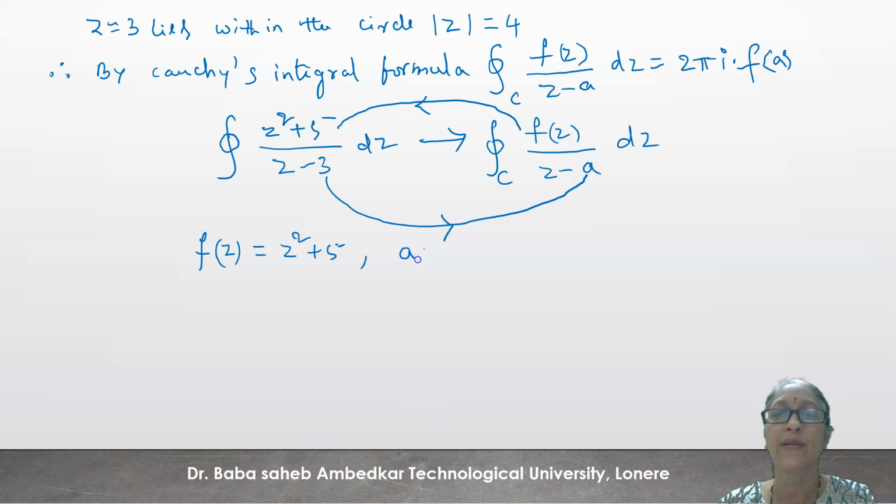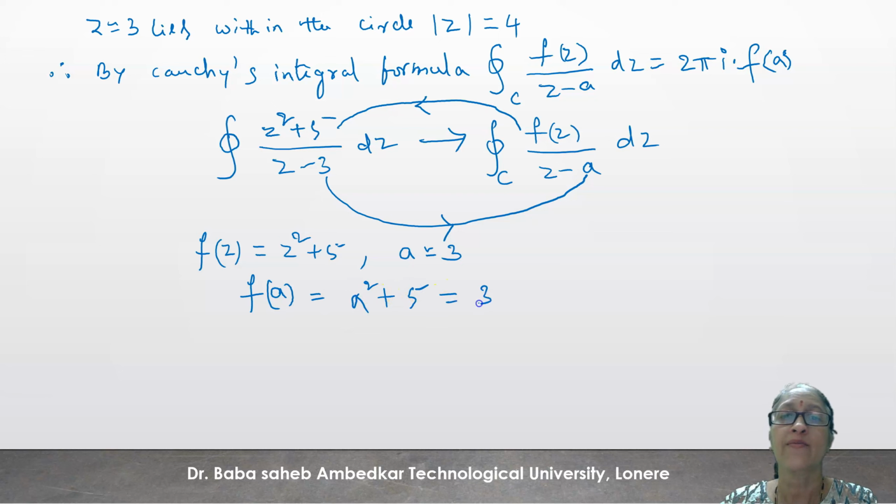If a equal to 3, then f(a) equals, if you replace z by 3, 3 square plus 5, because f(a) is nothing but a square plus 5.